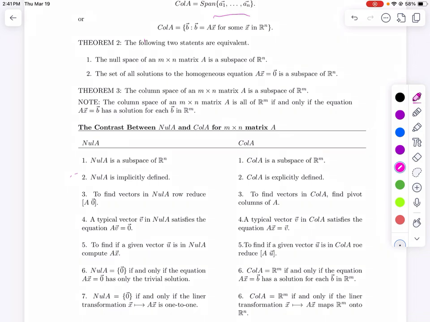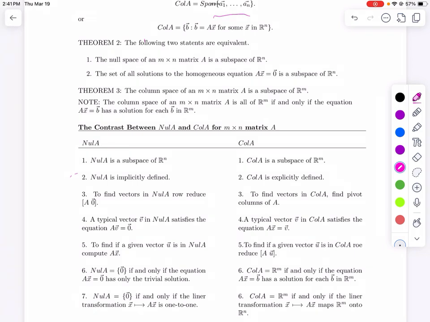But in the null space, you have to actually solve the equation Ax equals 0, and then find those x's which are the solution.